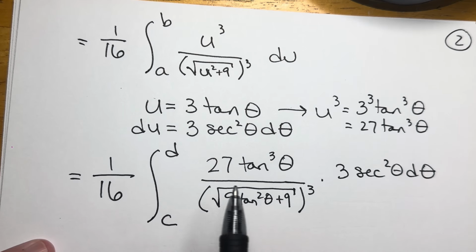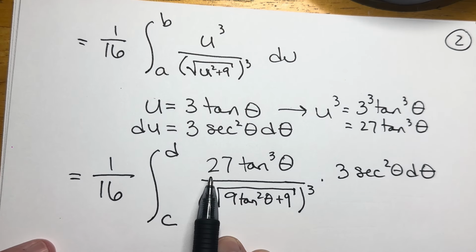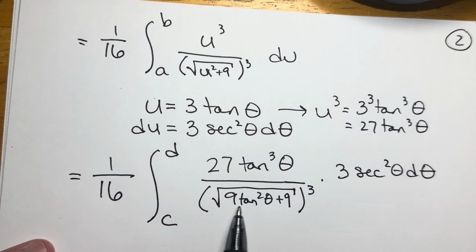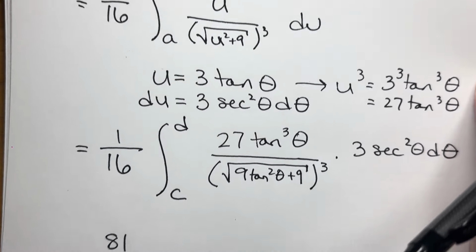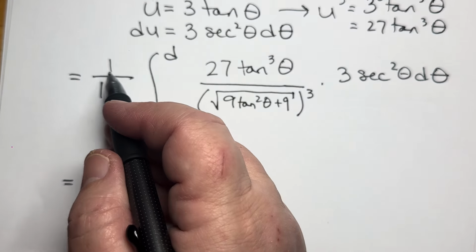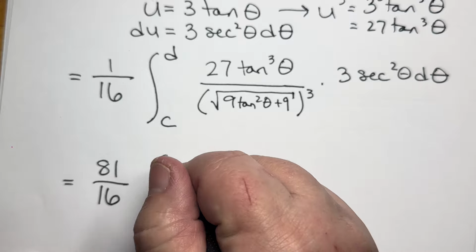I'm going to pull out the 27 and the 3, and then I also want to factor out this 9, right? So 27 times 3 is 81. So let me show you the next step. 27 times 3 is 81, so I'll bring the 81 outside over 16.